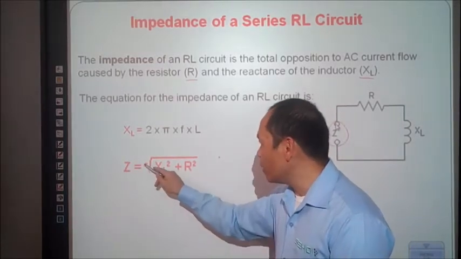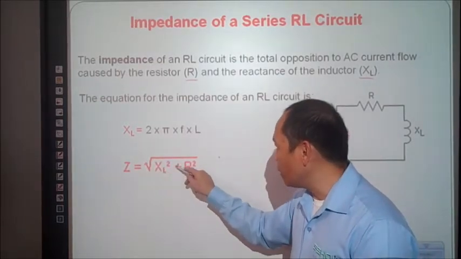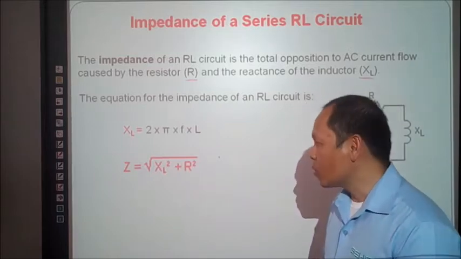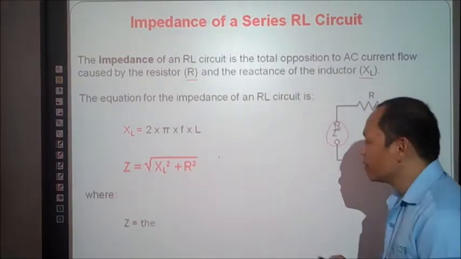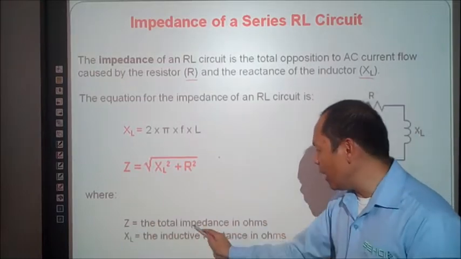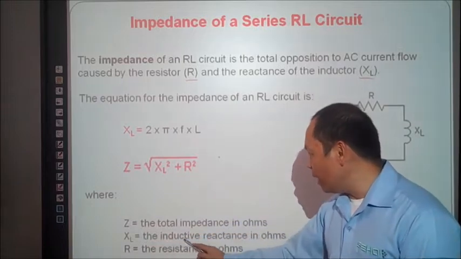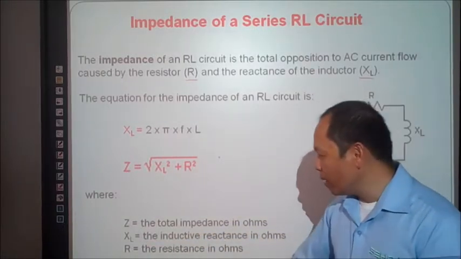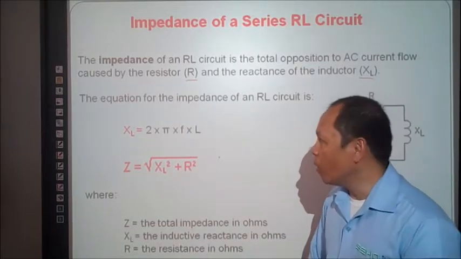Z is equal to the square root of XL squared plus R squared, where Z is the total impedance in ohms, XL is the inductive reactance in ohms, and R is the resistance in ohms.